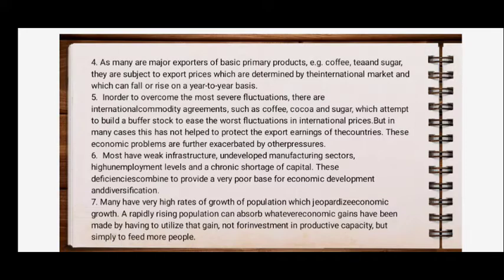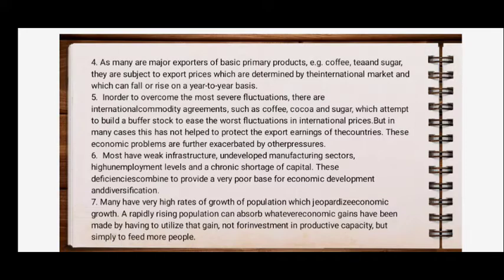Number five, in order to overcome the most severe fluctuations, there are international commodity agreements such as coffee, cocoa, and sugar, which attempt to build a buffer stock to ease the worst fluctuation in international prices. But in many cases, this has not helped to protect the export earnings of the countries.